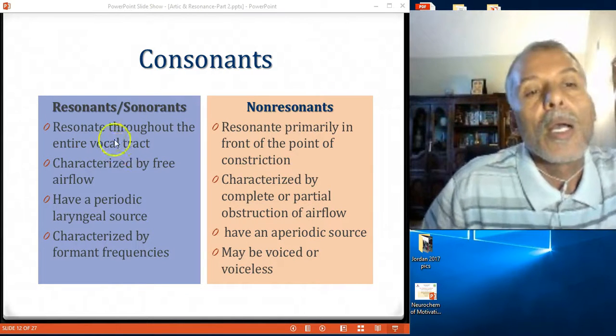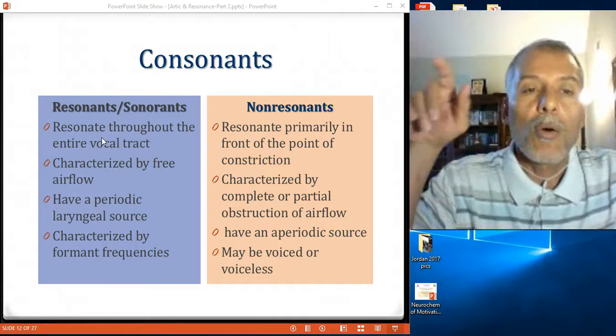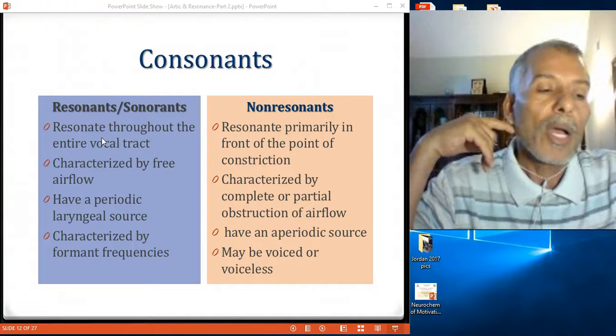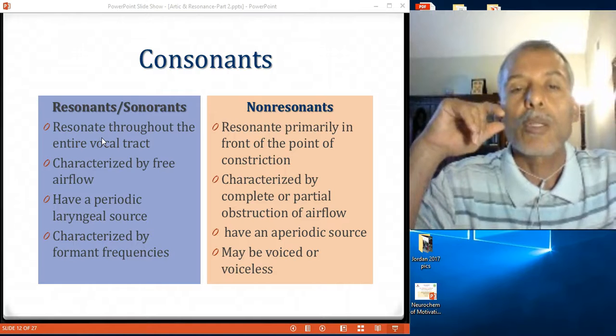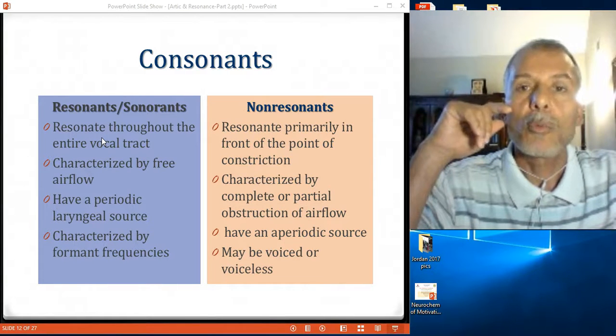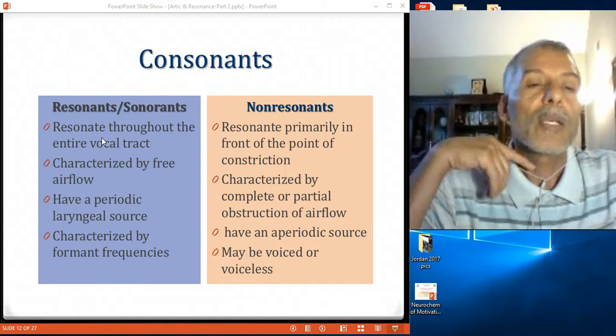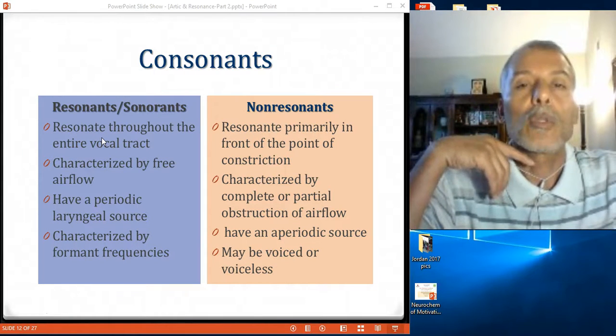So, resonant sounds are 7 sounds. All of them are very close to vowels. They have minimal obstruction or no obstruction. You can continue making them, and they always require vocal fold vibration.